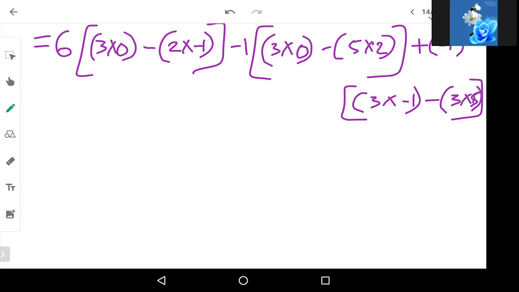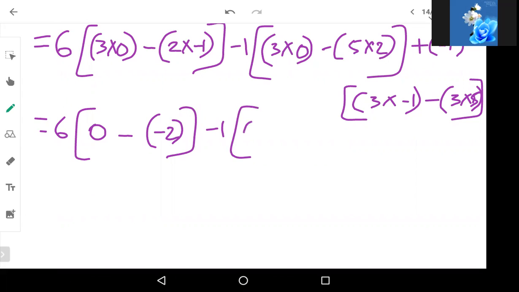Correct? So the next step is 6 into 3 into 0 is 0 minus 2 into minus 1 is minus 2. Then minus 1, 3 into 0 is 0 minus 5 twos are 10. Plus of minus 1 is minus 1. So 3 into minus 1 is minus 3 minus 5 threes are 15.